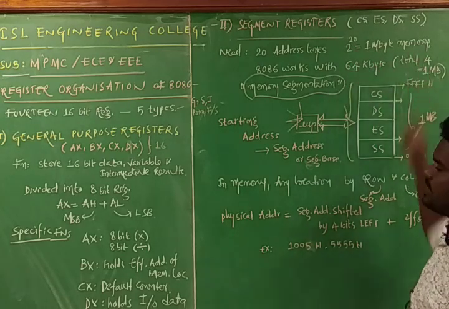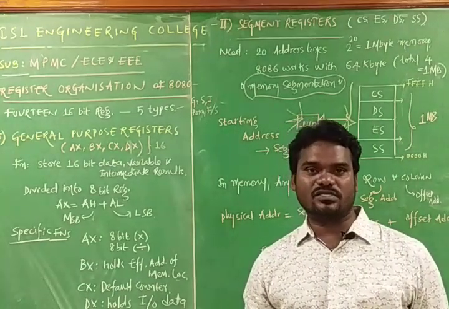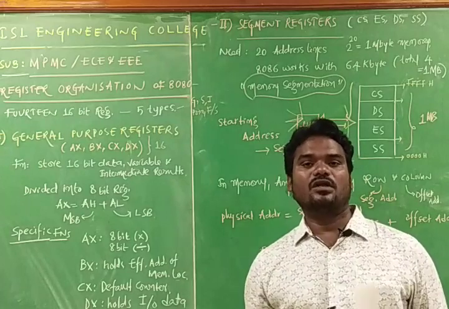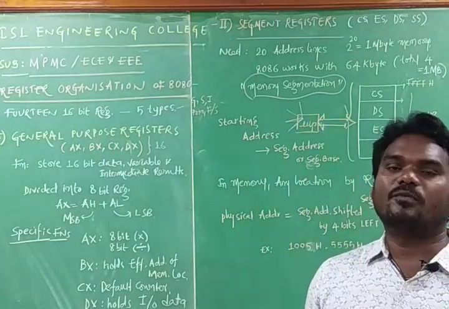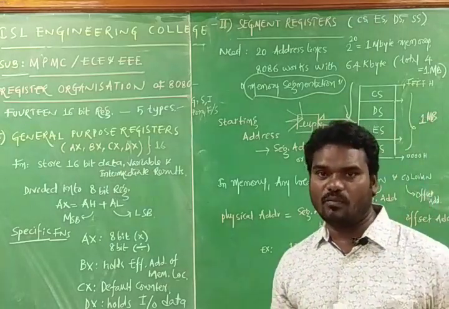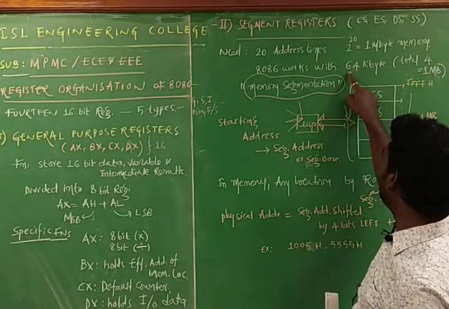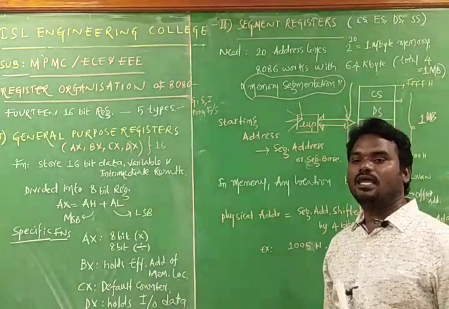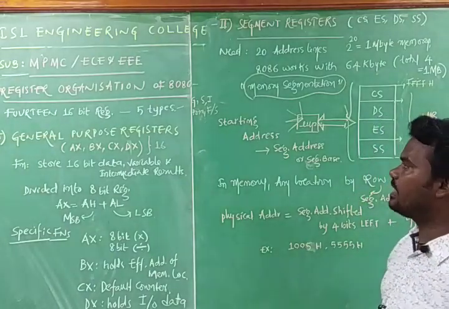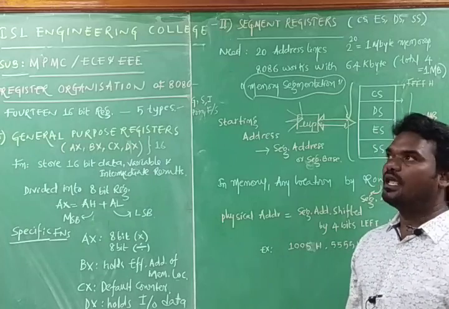But in a given time, the 8086 microprocessor cannot access the total 1 megabyte of memory. In a given time, it can access a maximum of 64 kilobytes of memory only. That means out of 1 megabyte, only 64 kilobytes can be accessed in a specific time.